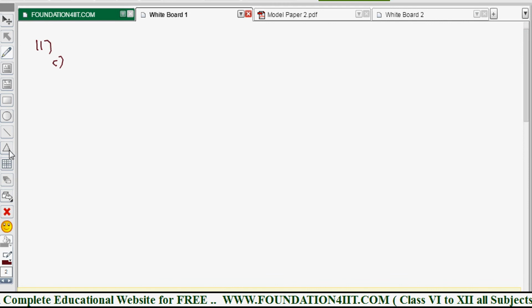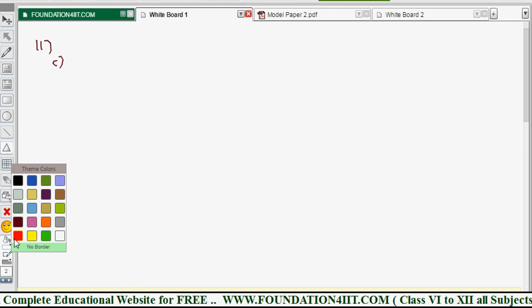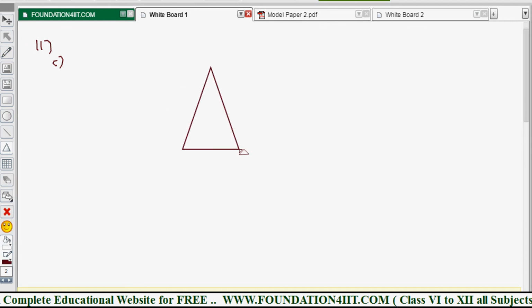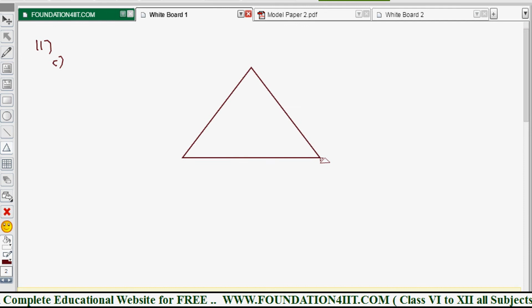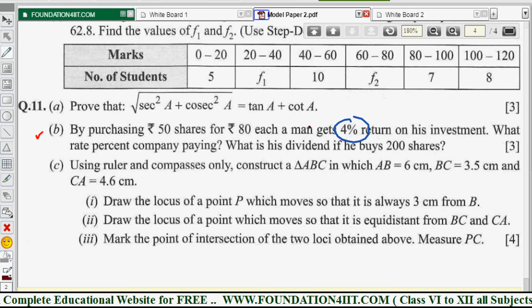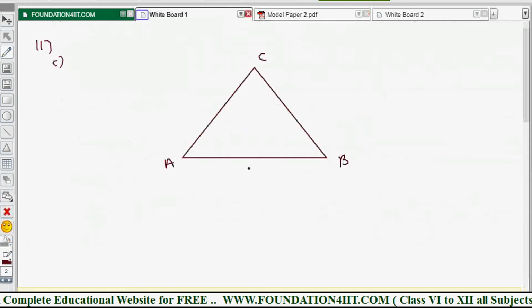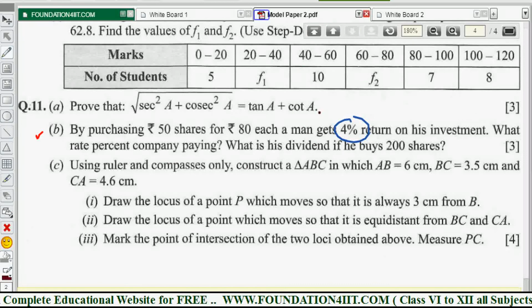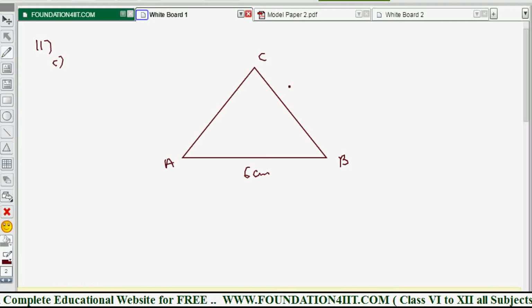If you construct the triangle with the given measurements, for example, you get it like this. It's not accurate measurements, just attempting roughly. Now ABC: according to the question, AB is 6 centimeters, BC is 3.5 and CA is 4.6.